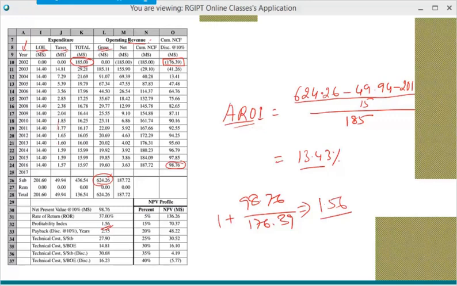Of course, the total investment is going to be under expenditure, so this is your 185. You can think of it as capital expenditure as well.